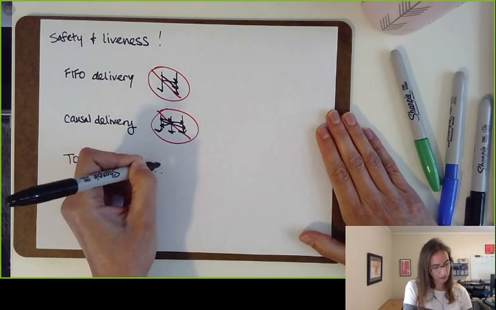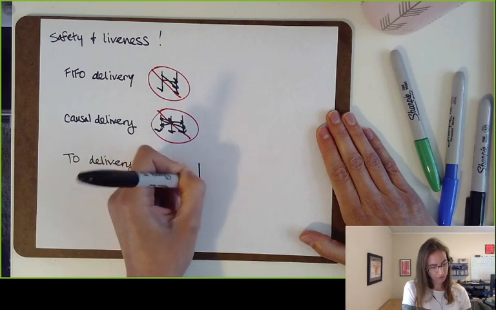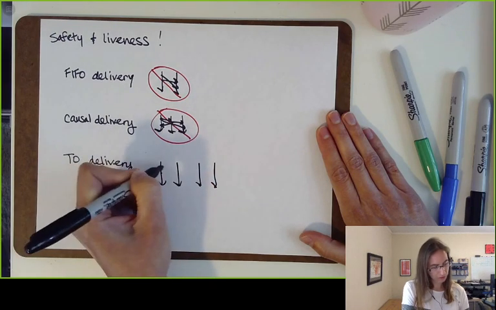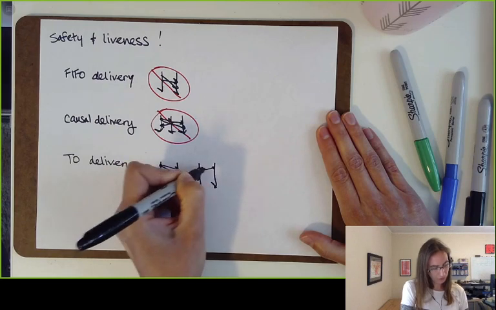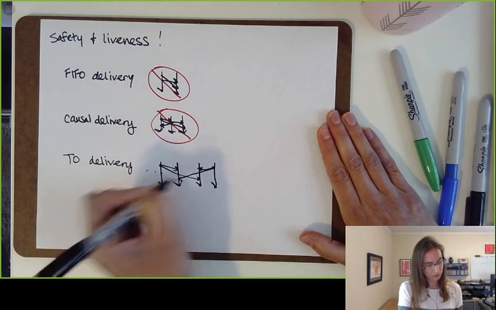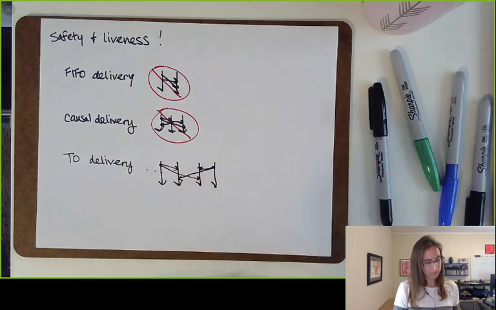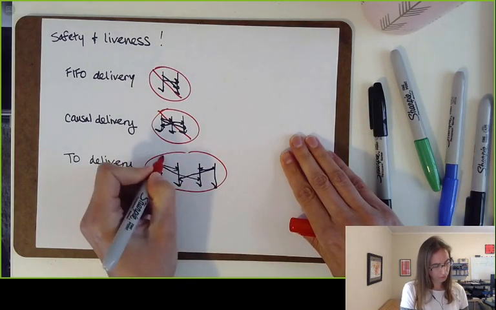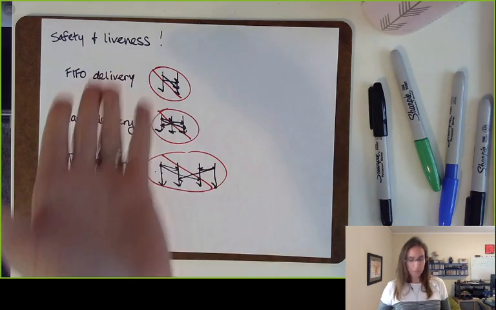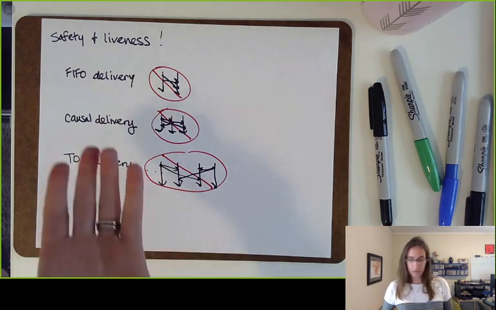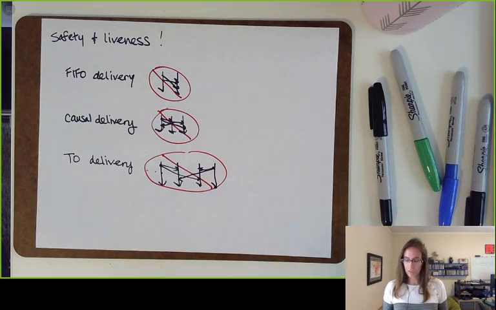I guess I'll draw my little diagram here for totally ordered delivery just so this picture is complete. So we didn't yet talk about a way to enforce this one, but we talked about what it is. So totally ordered delivery means you don't have that. Okay, so we've been talking about all these properties: FIFO delivery, causal delivery, totally ordered delivery.